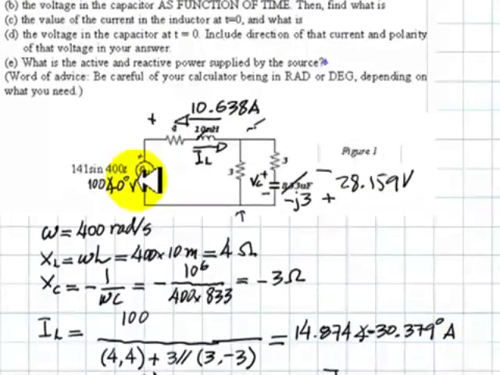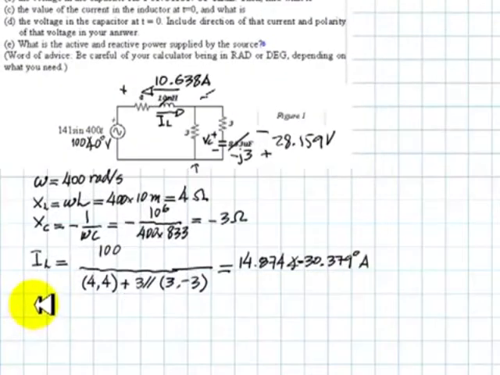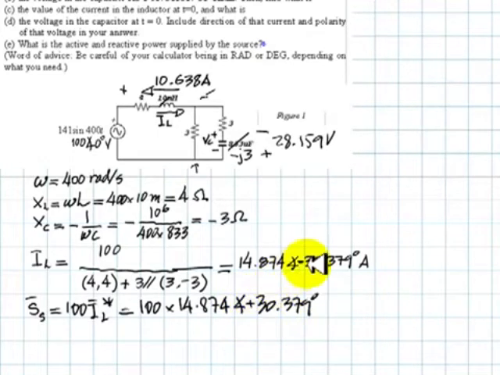That is the complex power delivered by the source, 100 times the complex conjugate of this current, which is the same current in the source. That is 100 that multiplies 14,874 with an angle of positive 30,379 degrees, because it's a conjugate of this one.